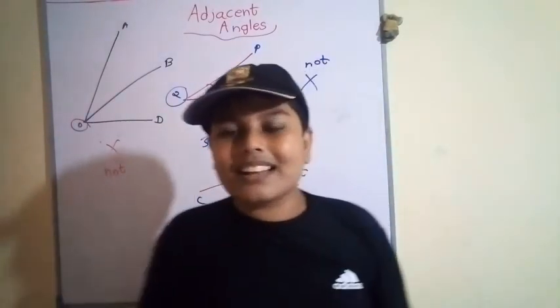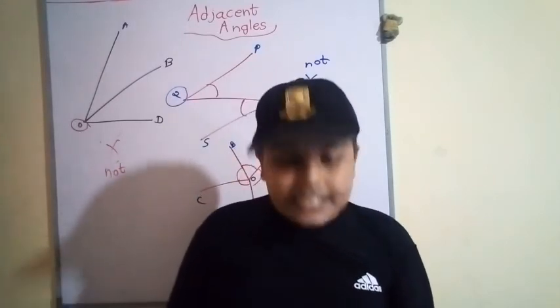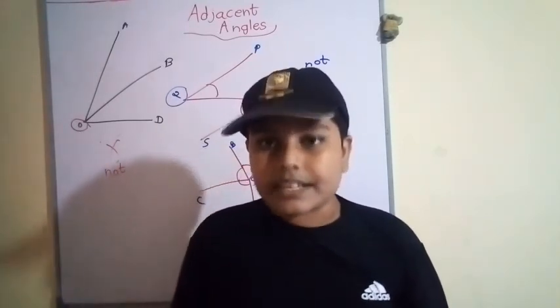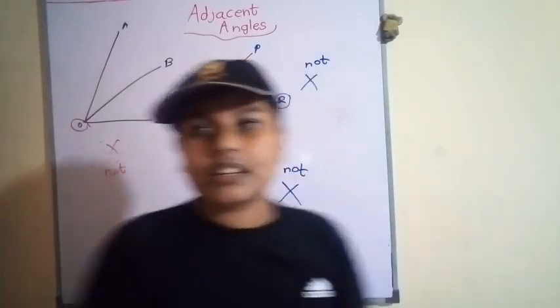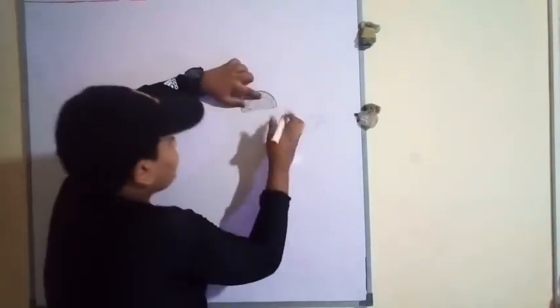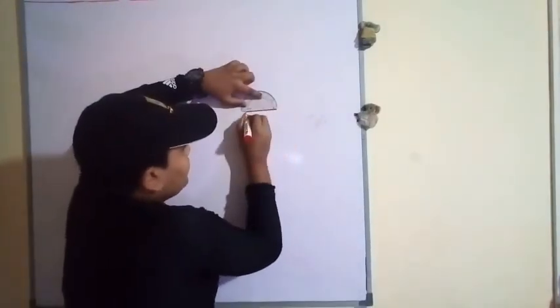Okay guys, let's move on to adjacent angles on a straight line. Adjacent angles on a straight line: firstly you want to get the protractor, right? I keep it in here and draw a line.